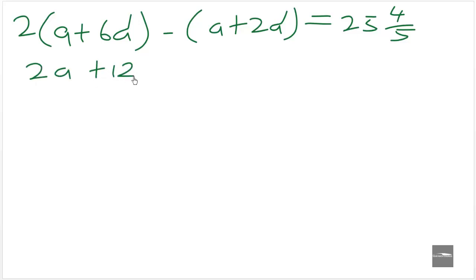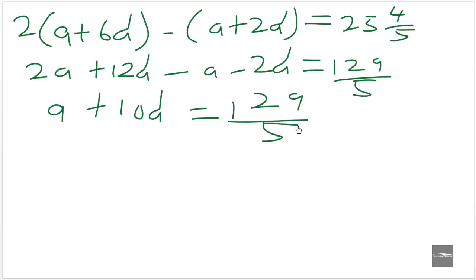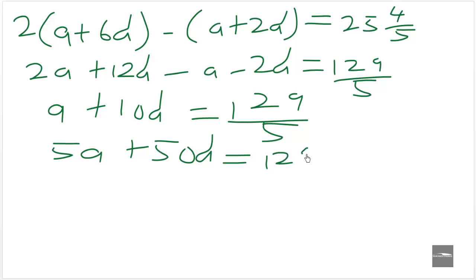So we expand to get 2a plus 12d minus a minus 2d is equal to 129 over 5. Let's simplify. We get a plus 10d is equal to 129 over 5. We can multiply through by 5 to obtain this.